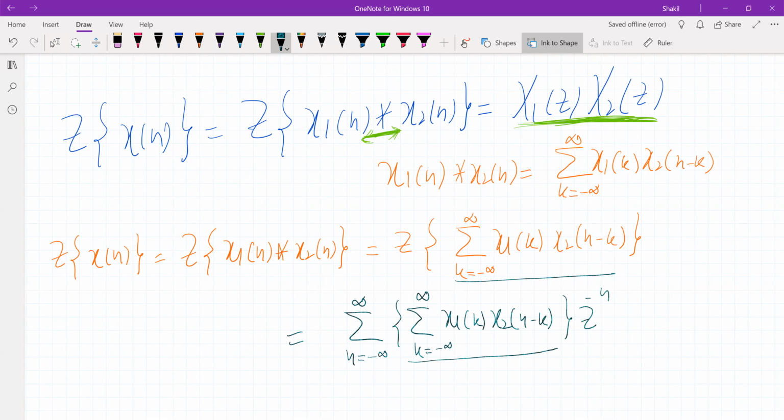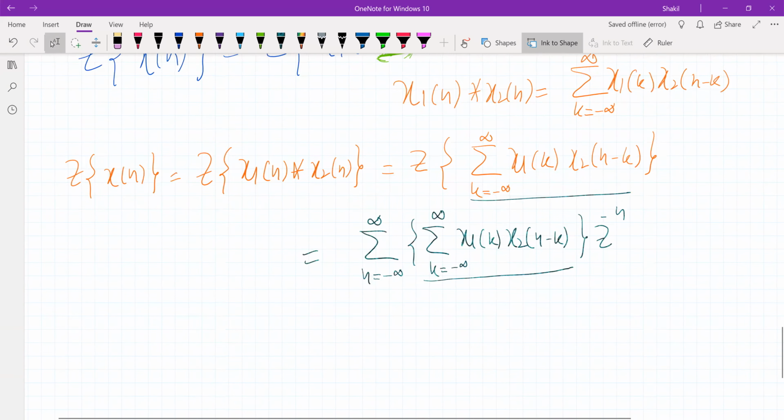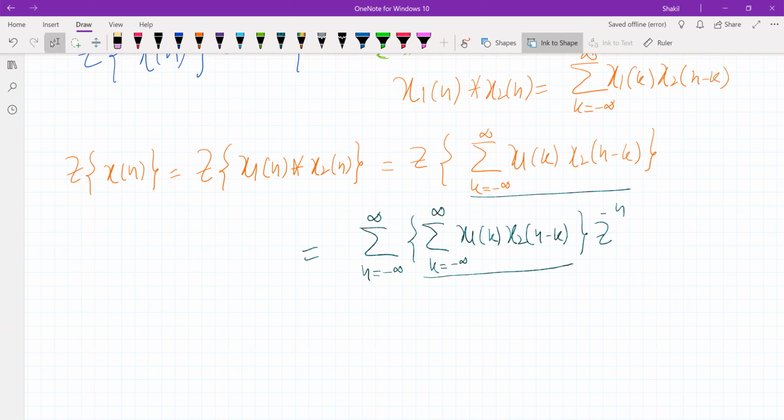Instead of x of n, we use this big convolution formula. Now we can write it like this. You can see this summation is independent of the other, so I can take this summation outside. So k is running from minus infinity to infinity, and n goes from minus infinity to infinity.